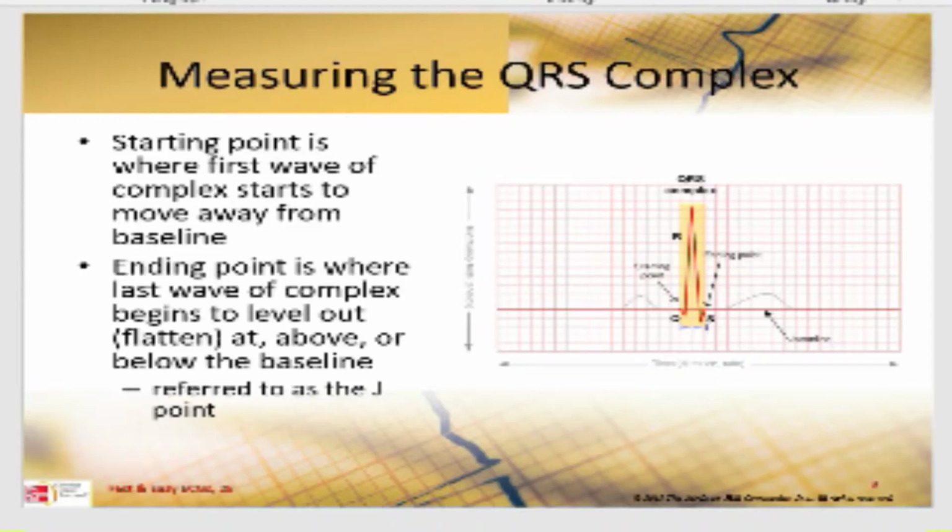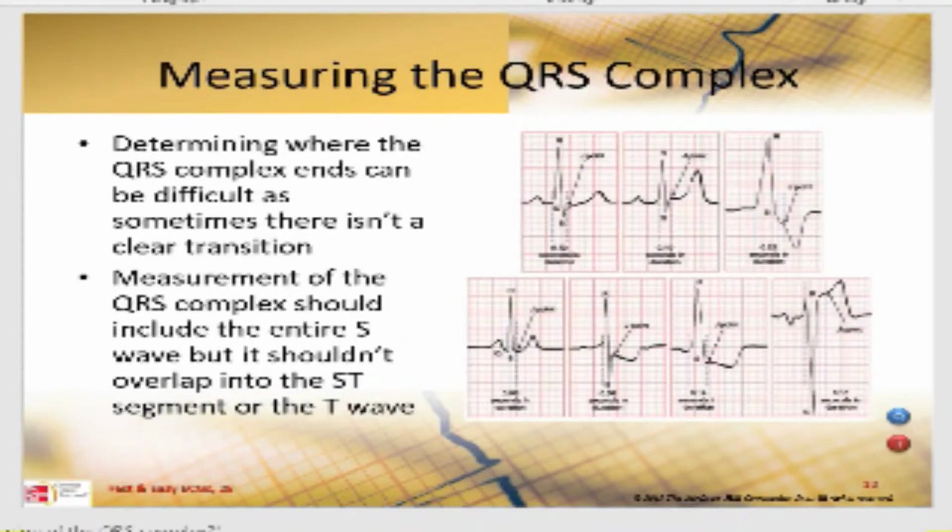It's either at, above, or below your baseline, and we call that the J point. So finding exactly where it ends sometimes can be difficult because it may not be a very clear spot on your tracing. So you want to be sure when you're measuring you're using the entire S wave, but you should not go over into your ST or the T wave.